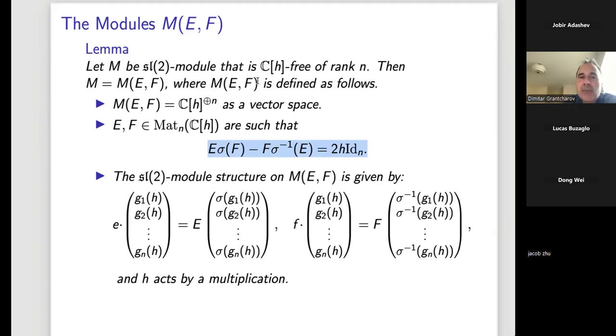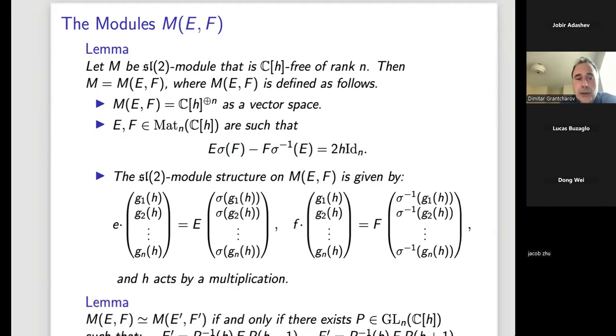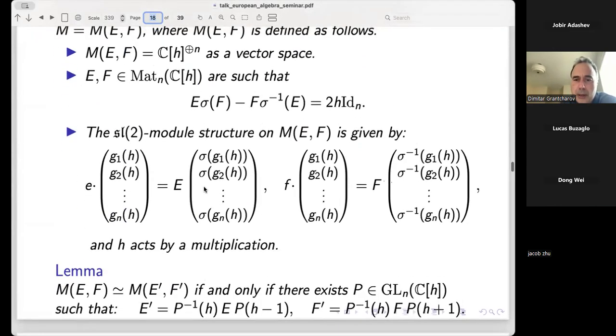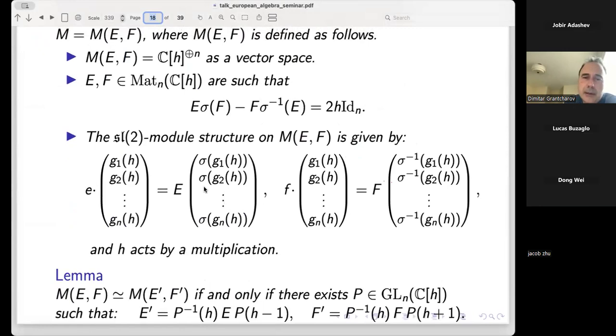Because now we are saying that the module depends on two matrices, but these are not free choices. I mean, we cannot just choose two matrices. They are subject to this condition. So if we implement this Smith normal form, we have a better condition. But before that, I need to again switch to regular mode. Before that, an immediate lemma about the isomorphism theorem.